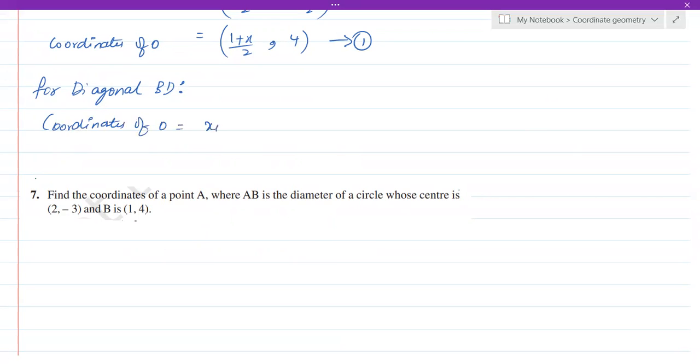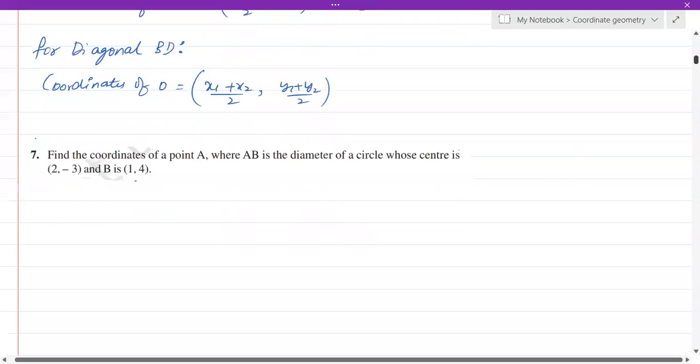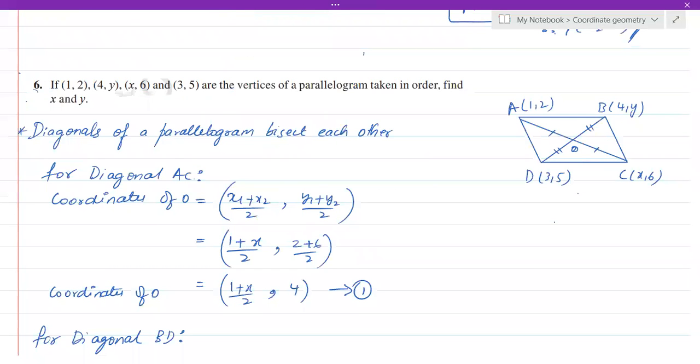What will be the formula? Same thing, X1 plus X2 divided by 2, comma, Y1 plus Y2 divided by 2. But here X1, Y1, X2, Y2 change, isn't it? As you can see, I'm using the diagonal BD. So X1 is 4, Y1 is y, X2 is 3, Y2 is 5.